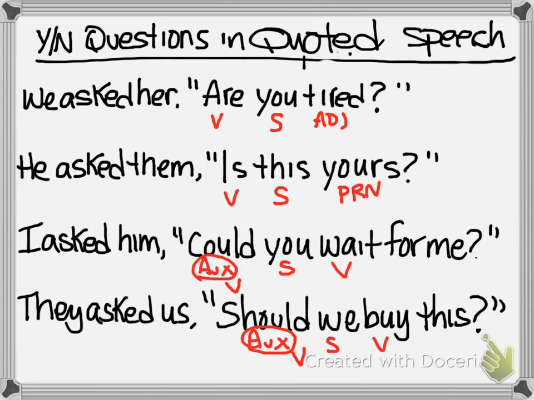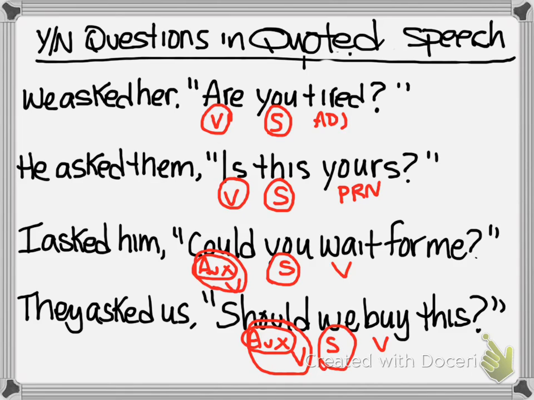So we have verb, subject, verb, subject, verb, subject, verb, and you guessed it, subject. Okay, so no matter what the question is, it always starts with an auxiliary or it starts with a verb.